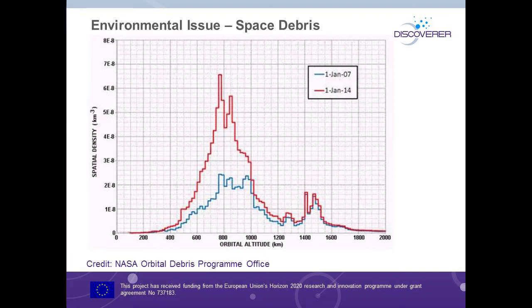So the higher this number, the greater the problem, effectively. And what we see as a result, largely of those two incidents, is this huge change in the spatial density and therefore the collision risk, which is directly proportional to that on satellites. The interesting bit then I want you to look at is what happens in the VLEO range, even when all these horrible things are happening at higher altitudes.